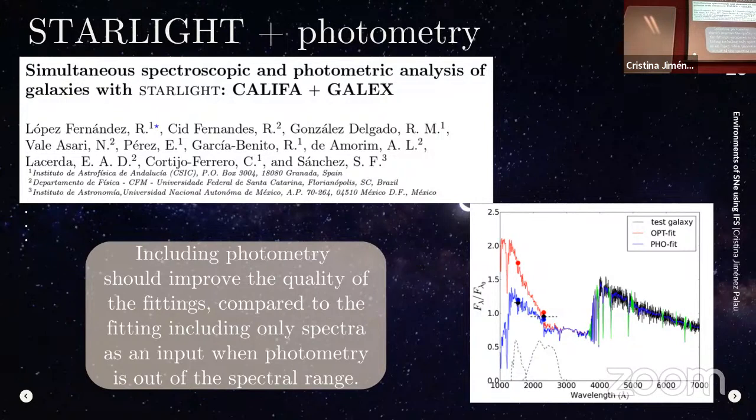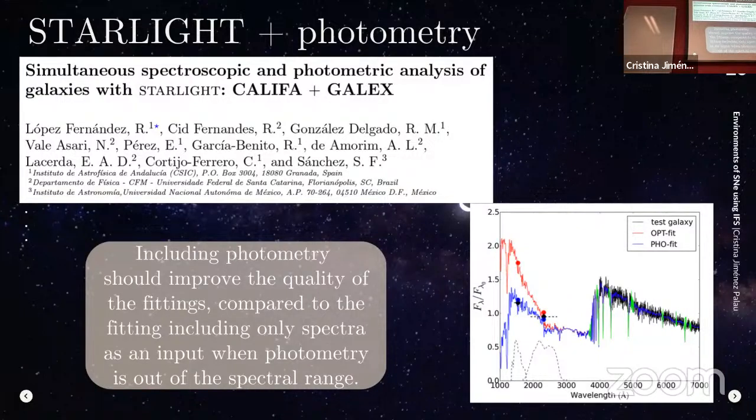So when you use only this information, which is the black, what happens is that if you try to do the fitting in a spectral range which is outside the actual spectra, sometimes it can overestimate or underestimate these values.